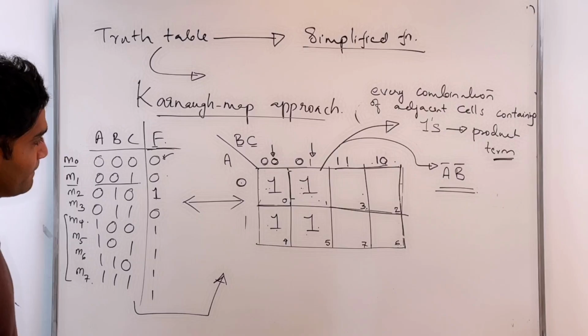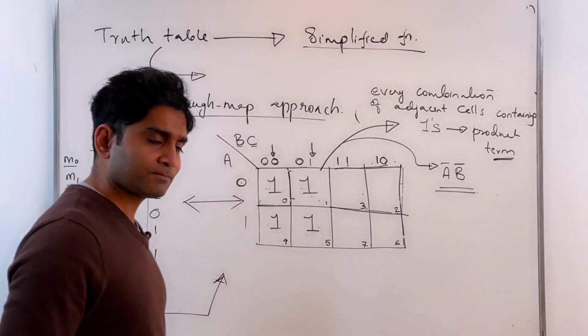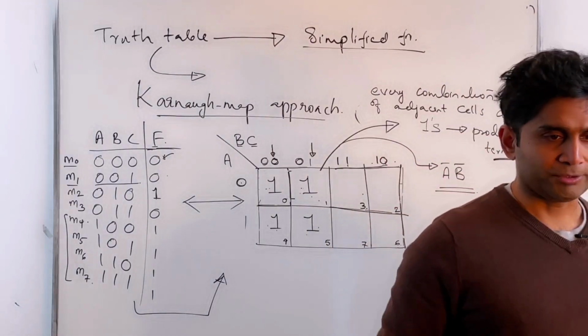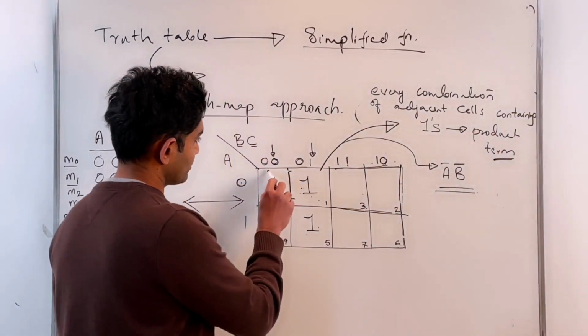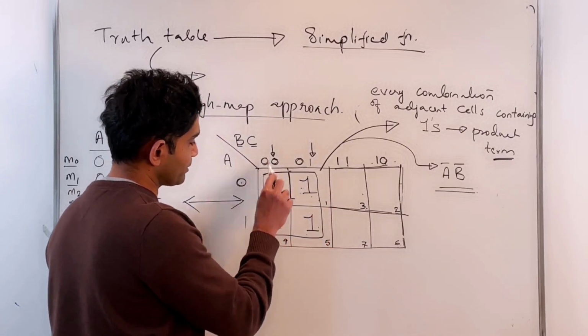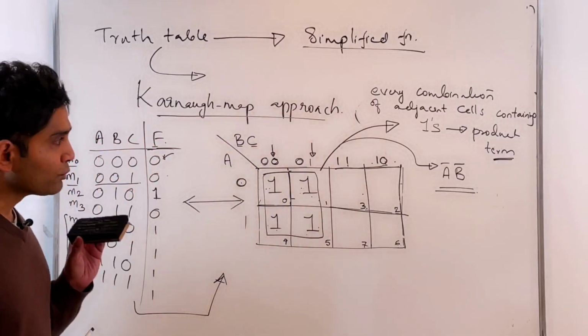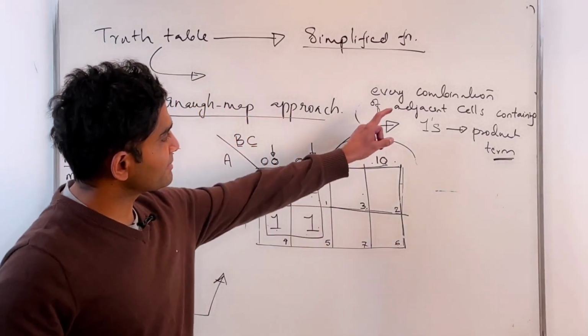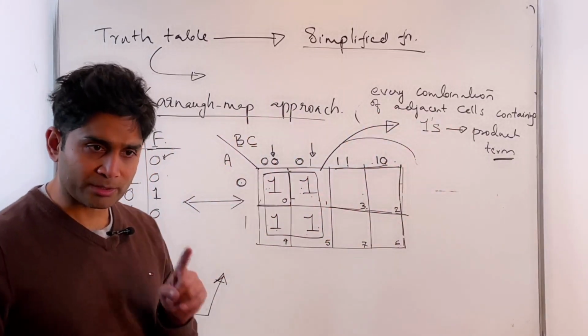I have 4 adjacent cells. I can combine them into a single combination. As long as they're adjacent, I can combine them. I will use the same rules. Every combination of adjacent cells containing ones will produce a product term.